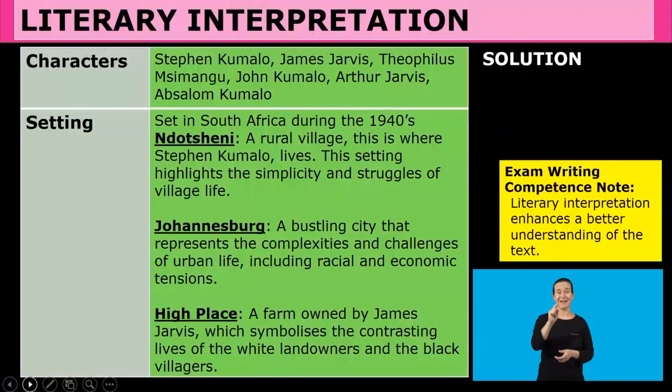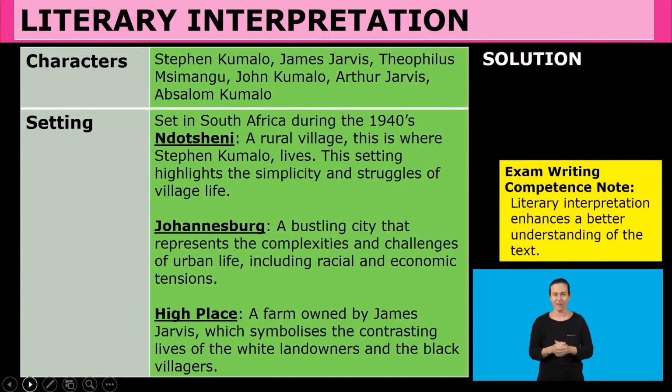The setting. Now, sometimes novelists use different settings or multiple settings, or they just use a singular setting. But in this case, we see there's three identified. So our first one is Ndosheni, which is a rural village, and this is where Stephen Khumalo lives.